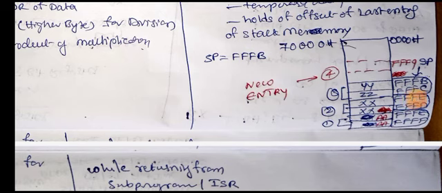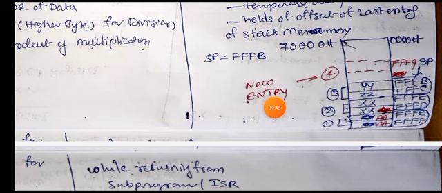In the stack memory, while calling a subprogram or a hardware subroutine, the ISR, the return address is entered as a new entry. While returning from the subprogram or from the ISR, the return address which was saved in the stack memory as an entry is removed.